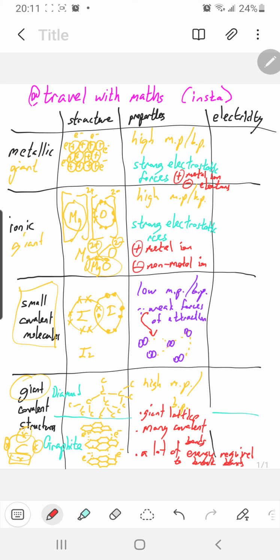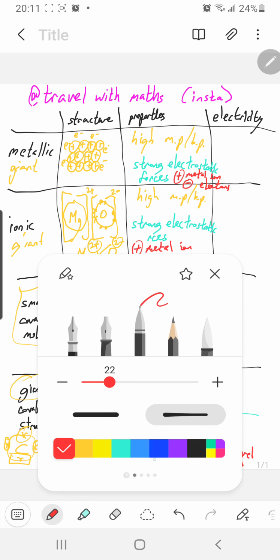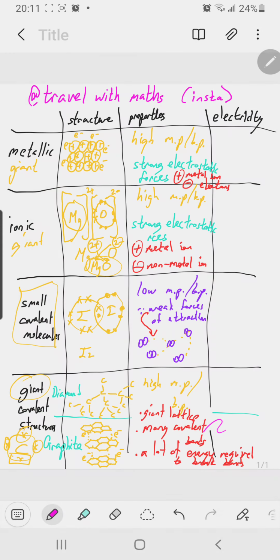Okay, and electricity. Metallic structures conduct electricity because of their delocalized electrons, free to move around.